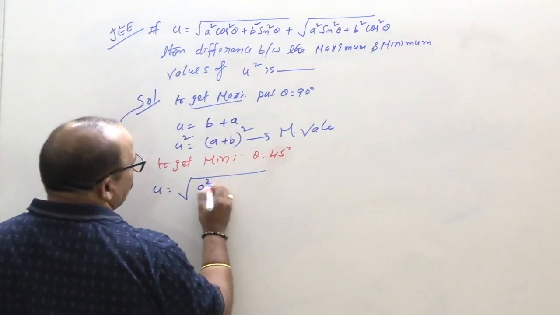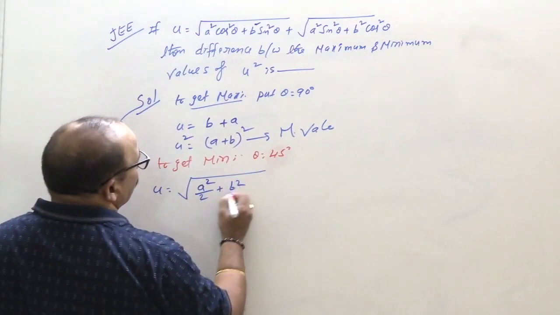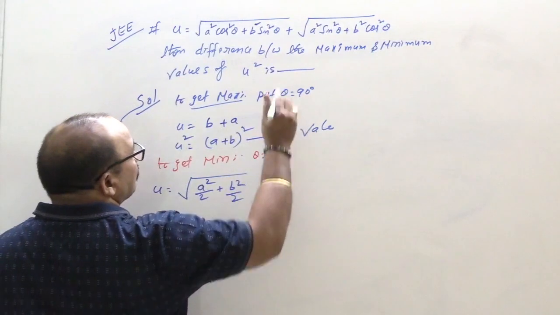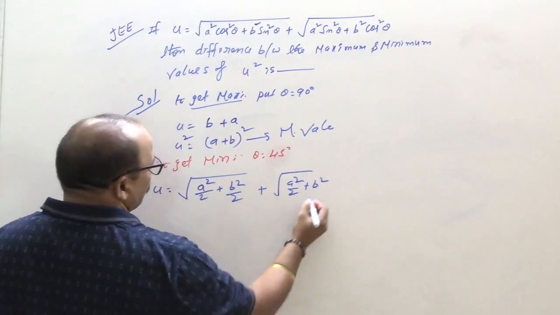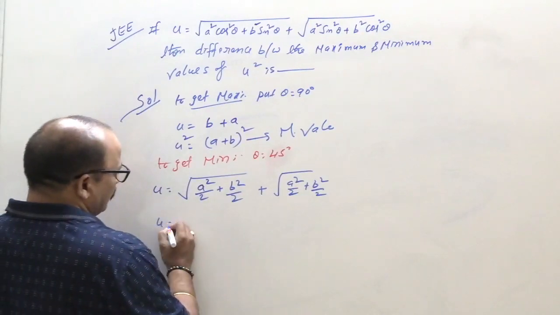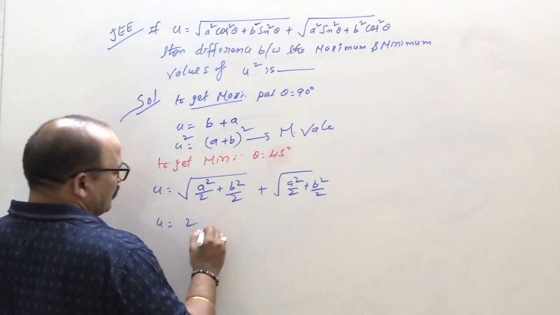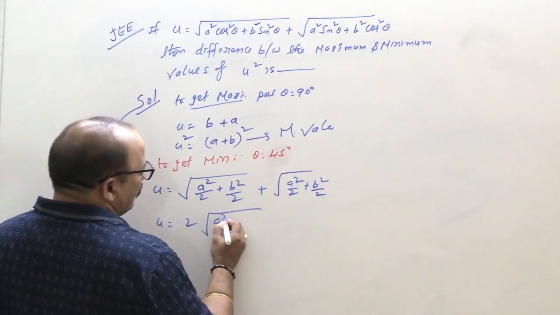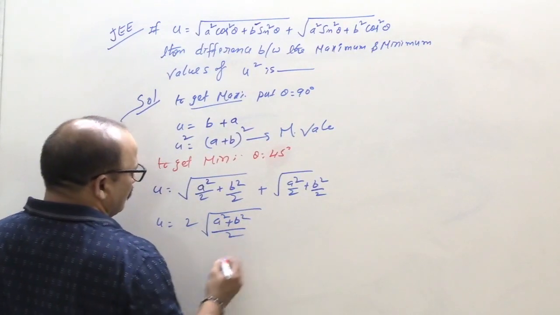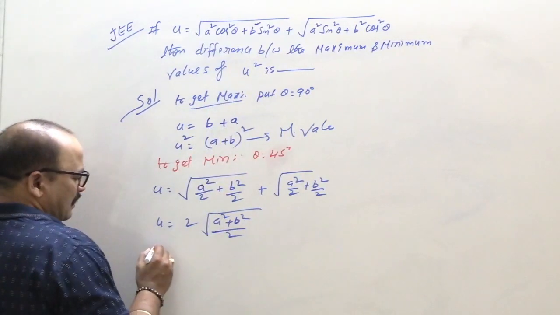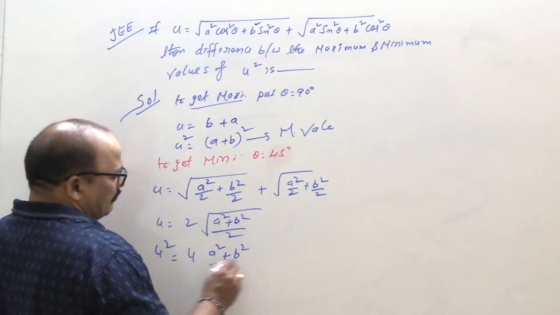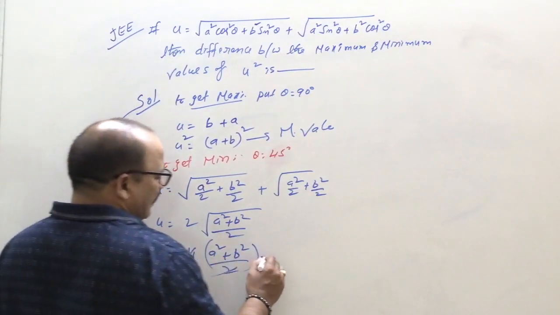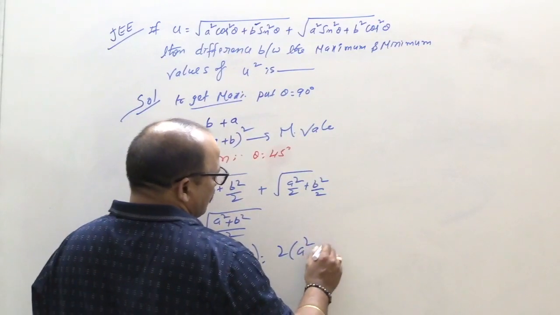So root of a square by 2 plus b square by 2. Now they are asking for the square. Now square is equal to 4 times a square plus b square by 2, get cancelled. The final answer is 2 into a square plus b square; this is the minimum.